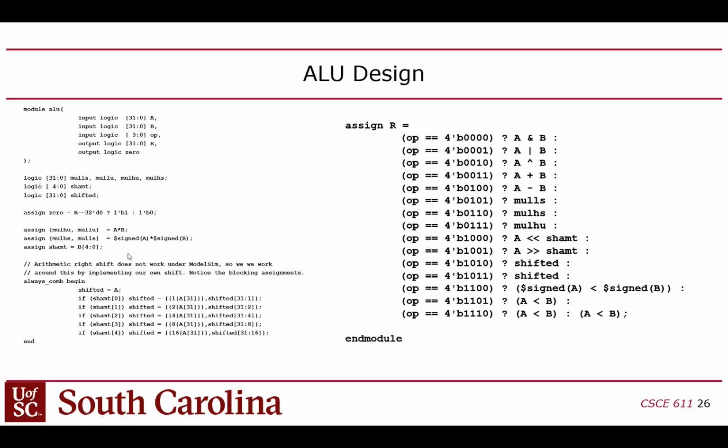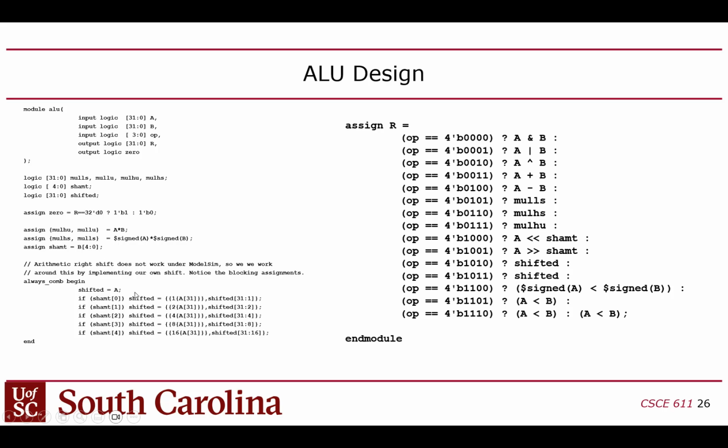In Verilog we use this logic type, which is unsigned, but you can actually treat it like signed with $signed. It's a Verilog function, which we use for the signed multiply. So it's a little hacky, but that's how you have to do it.